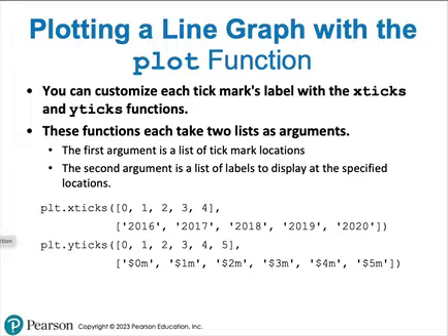And on the y-axis, it looks like it's using millions of dollars. So 0, 1 million, 2 million, 3 million, 4 million, 5 million is what that looks like to me.